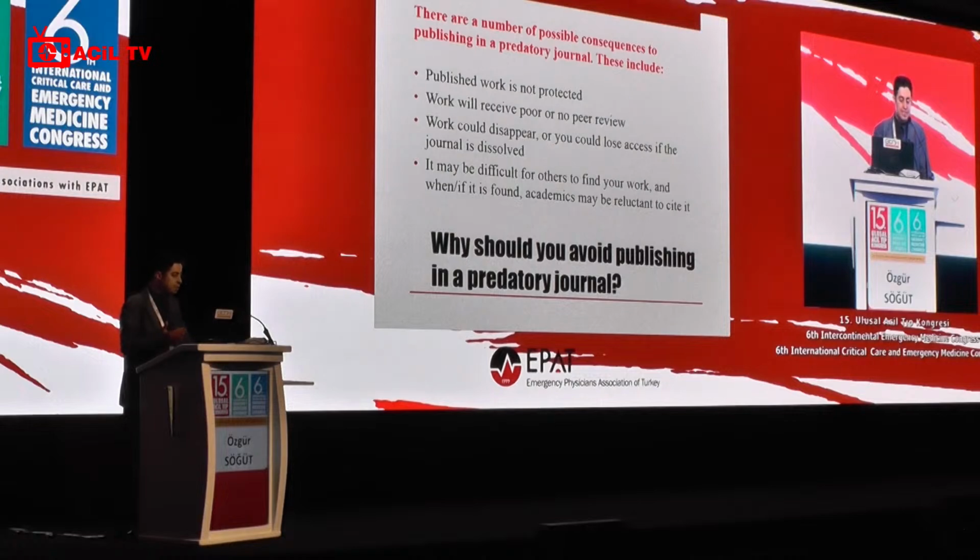Also, work could disappear, or you could lose access if the journal is dissolved. It may be difficult for other researchers to find your work, and if it is found, academics may be reluctant to cite it.